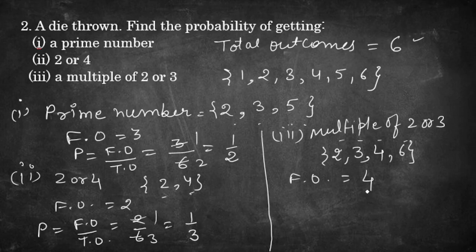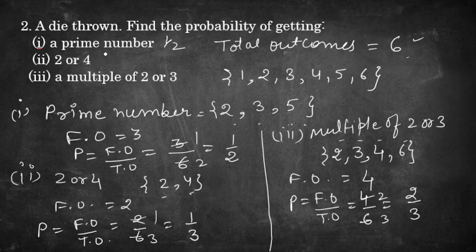And total outcomes are 6. So what will be the probability? Probability is favorable outcomes upon total outcomes. Favorable is 4, total is 6. So 2 2s are 4, 2 3s are 6. So it is 2 by 3, right? So for a prime number the answer is 1 by 2.